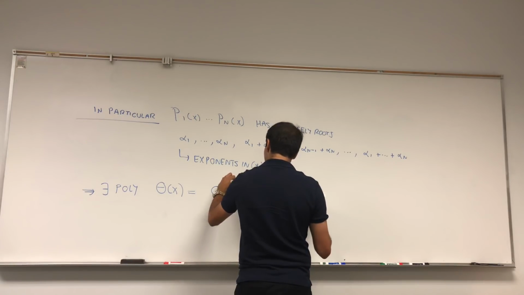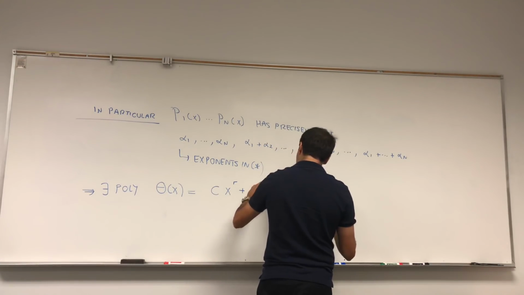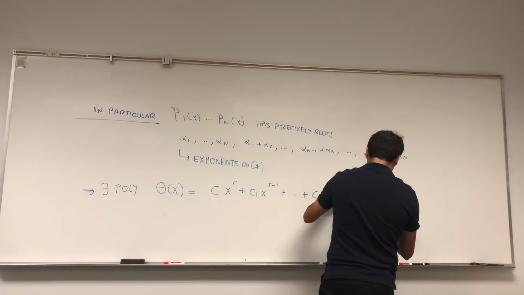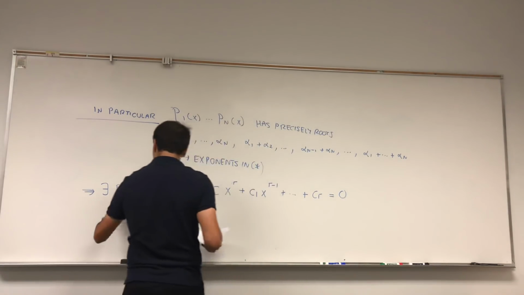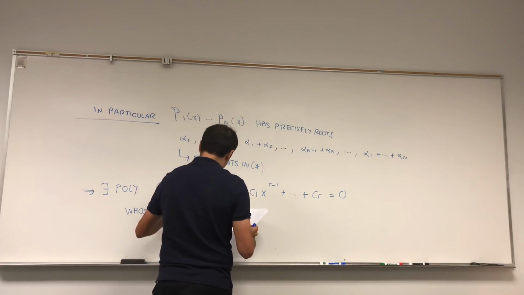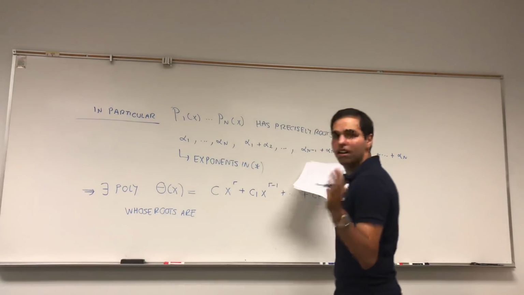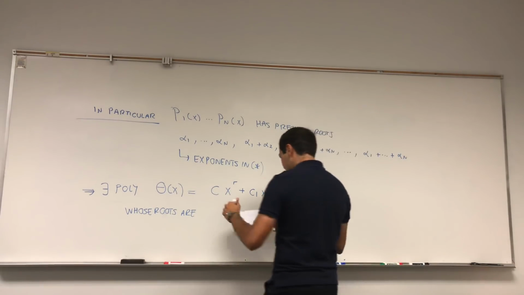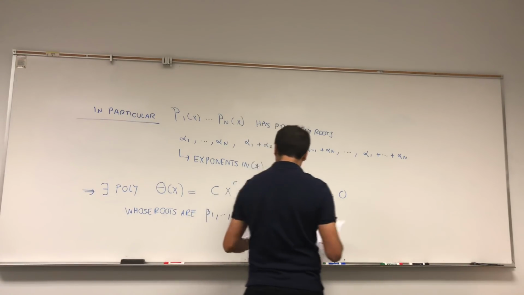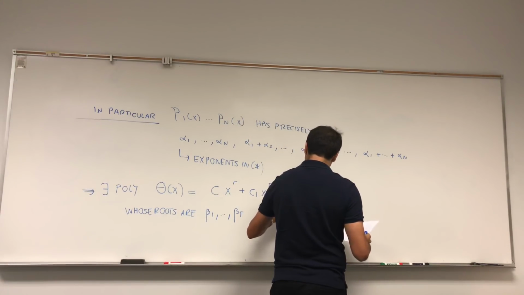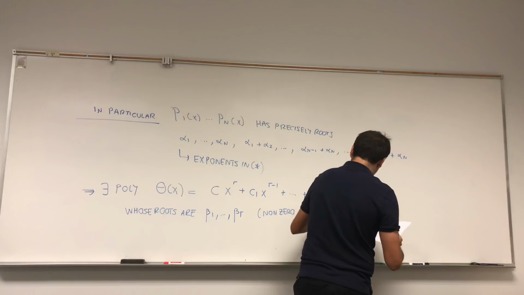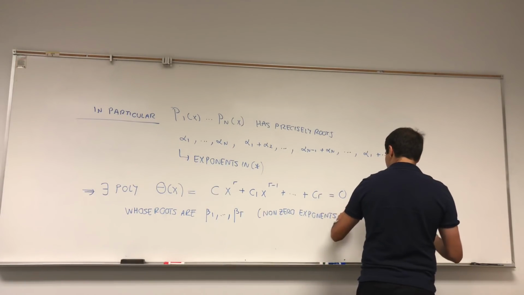So c x to the r plus c1 x to the r minus 1 plus blah blah blah plus cr equals 0, whose roots are, let's call them, instead of alpha 1, etc., beta 1, dot, dot, dot, beta r, and then again the non-zero exponents in star.